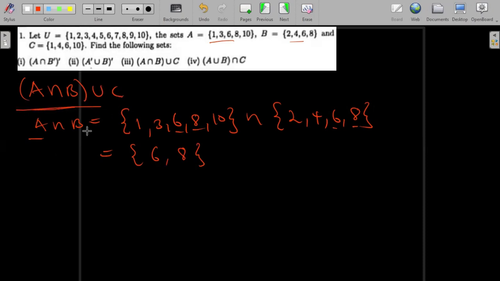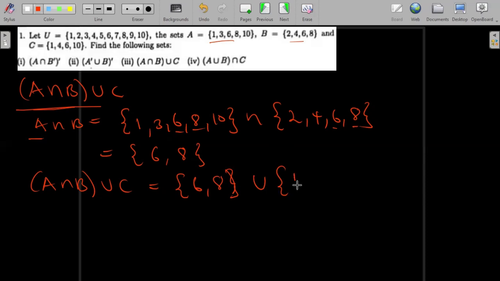Now I have to bring all the elements together with that of C, to make the set A intersect B union C. The first part, A intersect B, is just 6, 8. Then union C. What is my C?